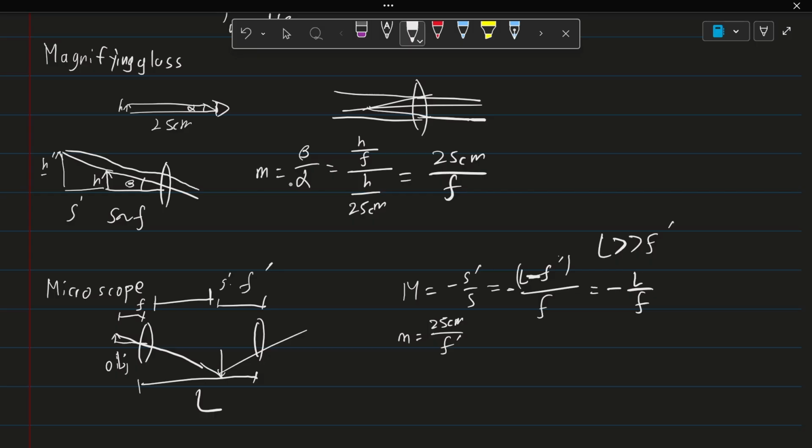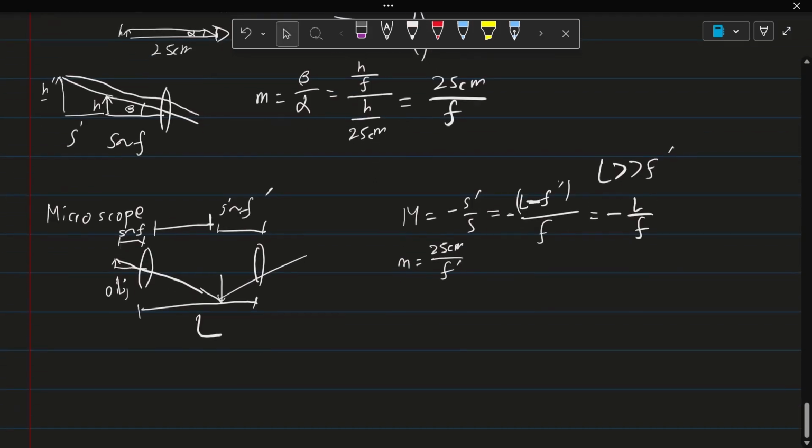So the s prime is pretty similar, and that should be similar as well. 25 centimeters is your near point, and then the f prime is pretty much the length from the focused image towards the lens again. So this is going to increase the image much more, as we have already observed from the magnifying glass.